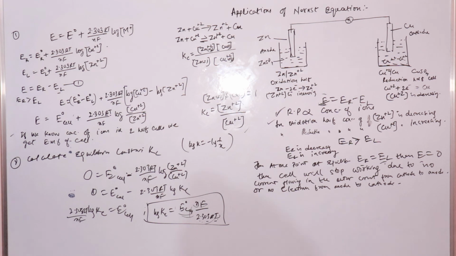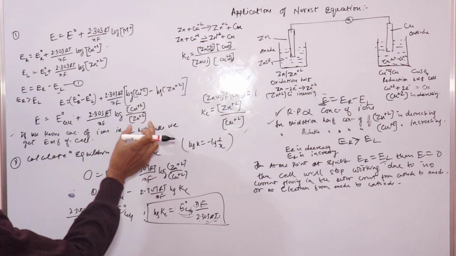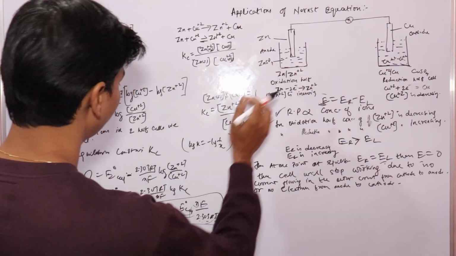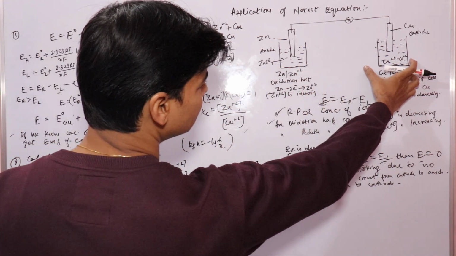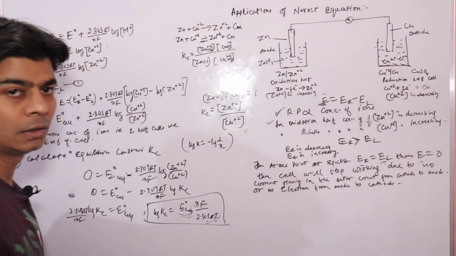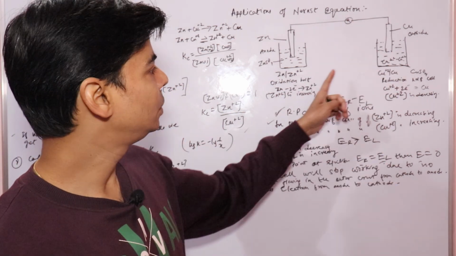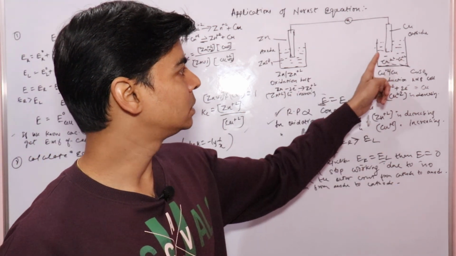So this is it. And there is one more small application, where using the EMF of the cell, you can calculate the concentration of ions in one of the half cells. If you know the concentration of ions in the copper half cell, and you know the EMF of the cell using a potentiometer, and you have the concentration of, say, copper ions, right?